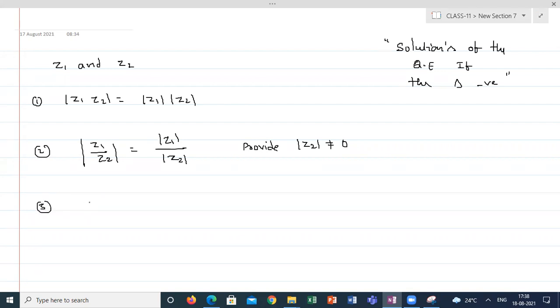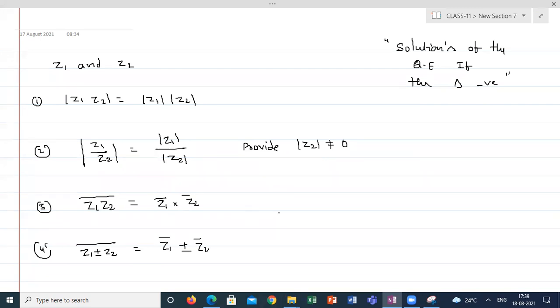If I take Z1, Z2 conjugate, the conjugate of the product of Z1 and Z2 is Z1 conjugate into Z2 conjugate. Fourth one: the conjugate of Z1 plus or minus Z2 can be written as Z1 conjugate plus or minus Z2 conjugate separately.